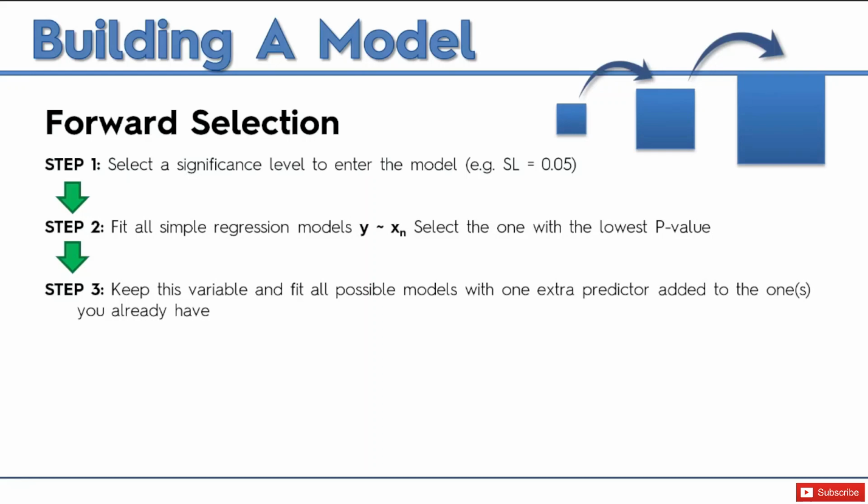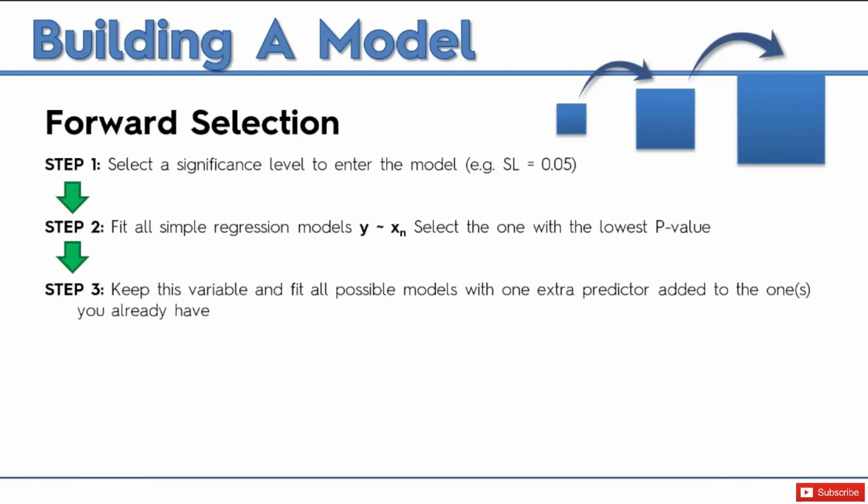Now we need to construct all possible linear regressions with two variables, where one of those two variables is the one we've already selected. So basically we add on all of the other variables one by one. We choose, okay, let's add on this variable, and then let's add on the next one, but separately. So we construct all possible two variable linear regressions, definitely keeping the variable that we've already selected.